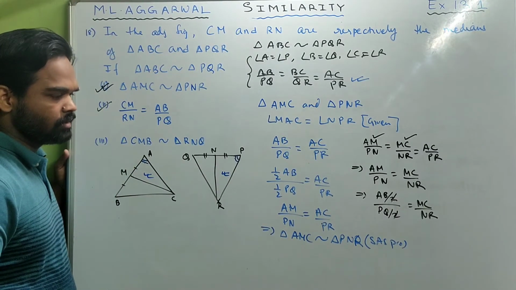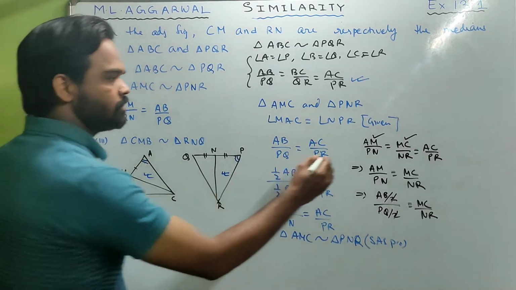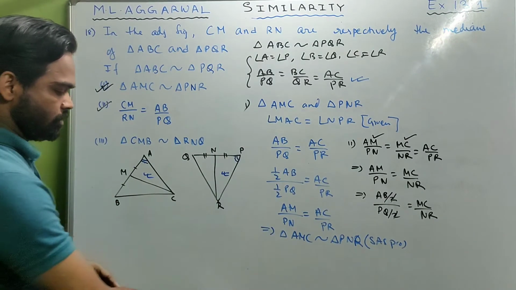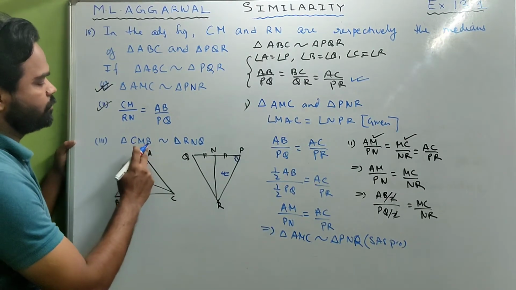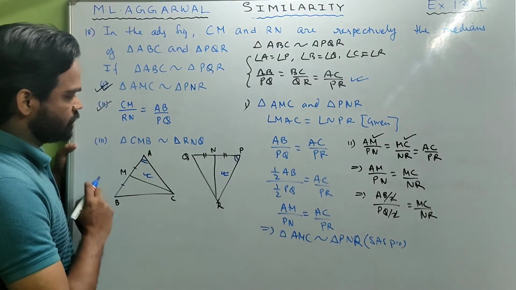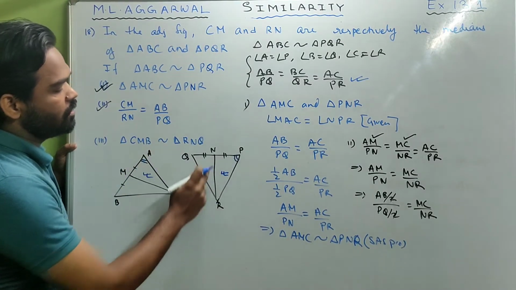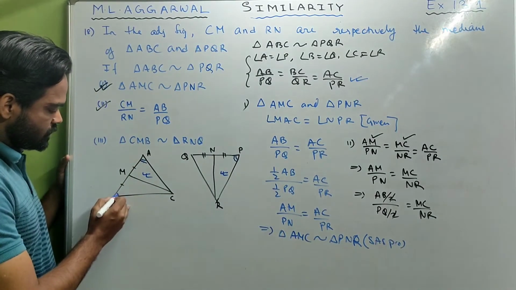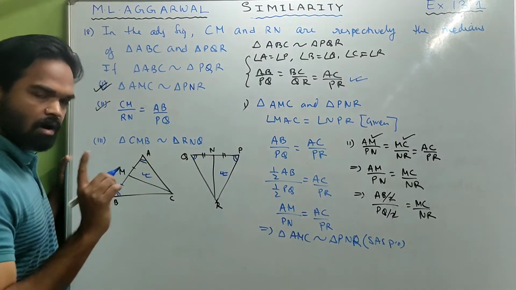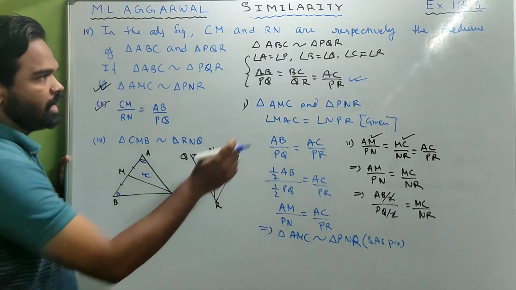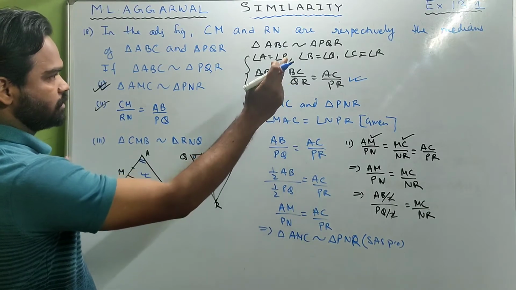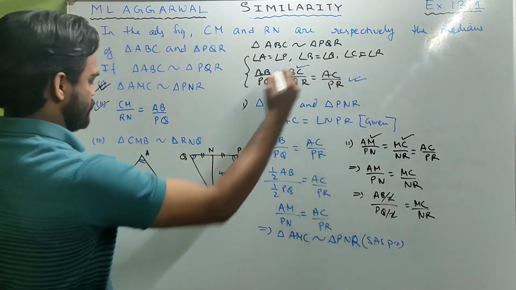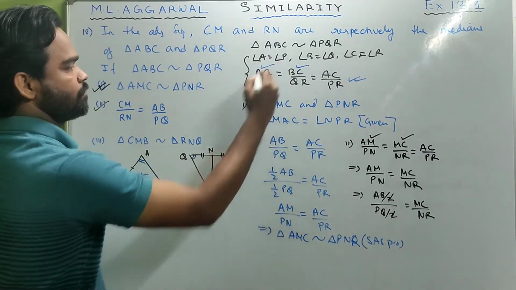Pretty easy. Use the result of the first part to solve the second part. Done. Now look, we need to prove triangle CMB is similar to triangle RNQ, exactly like the first part. This angle and this angle are equal, and from here I can take BC, this one and this one.